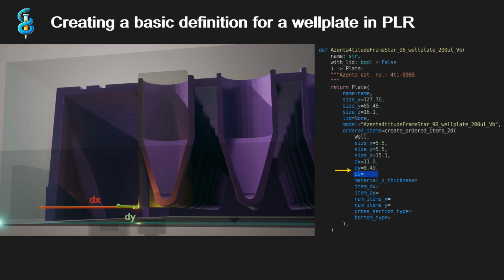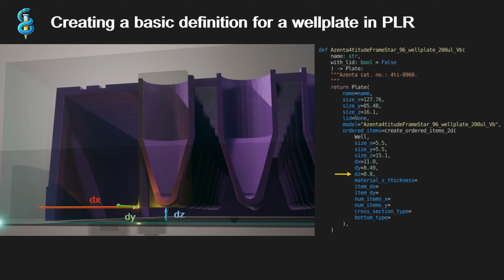Here we can see that the dz measurement has to be taken slightly differently to the dx and dy measurements. Since the well definition includes the well wall in the set dimension, the dz measurement is simply the distance between the bottom of the outside of the well to the set plane of the plate origin.